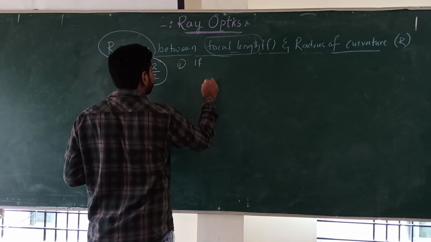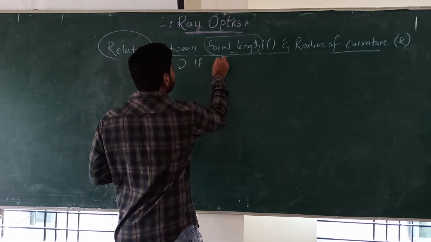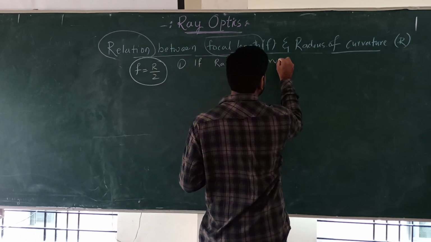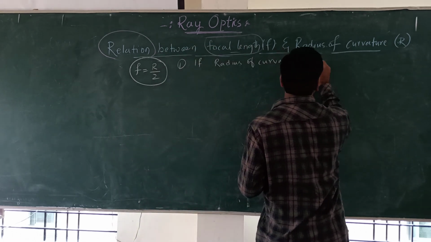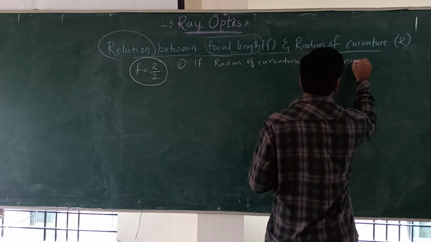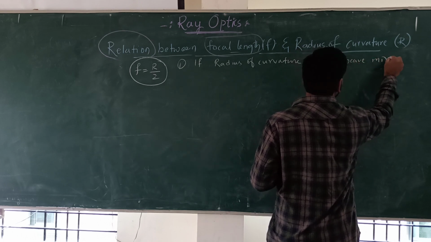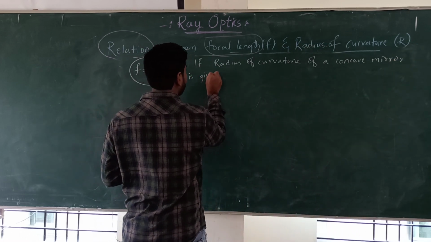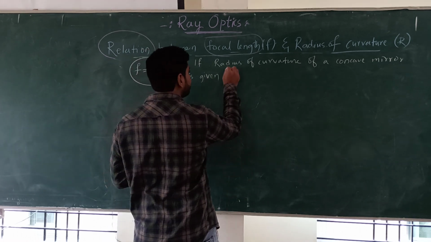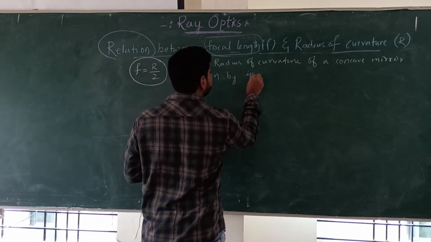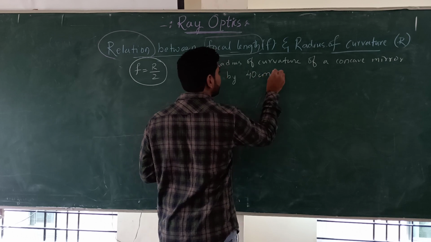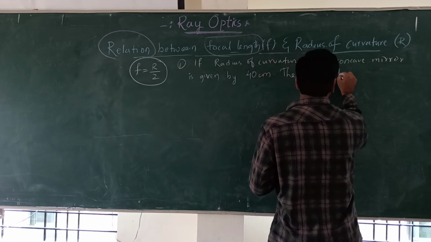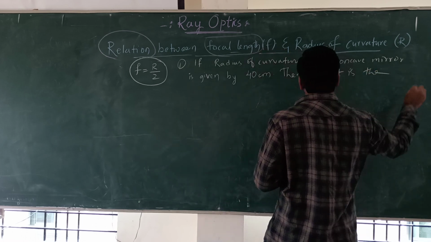If the radius of curvature of a concave mirror is given by 40 centimeter, then what is the focal length?